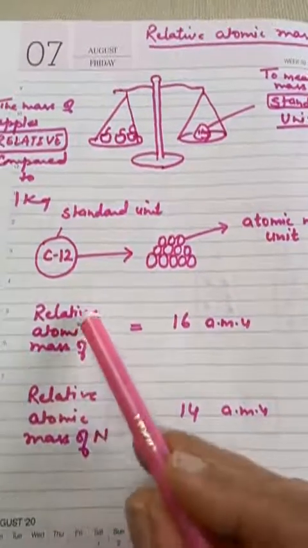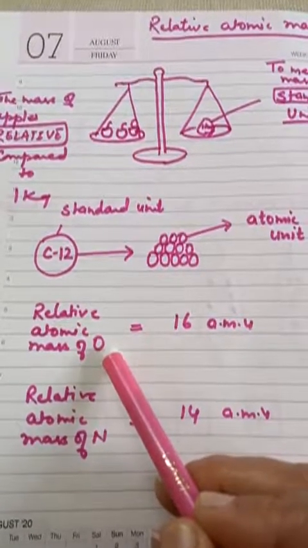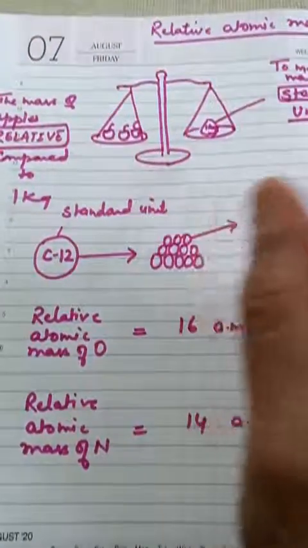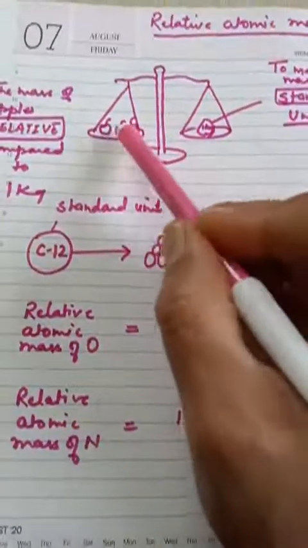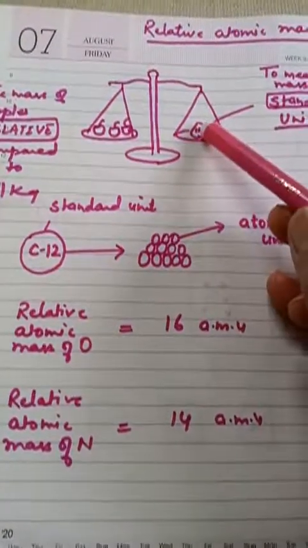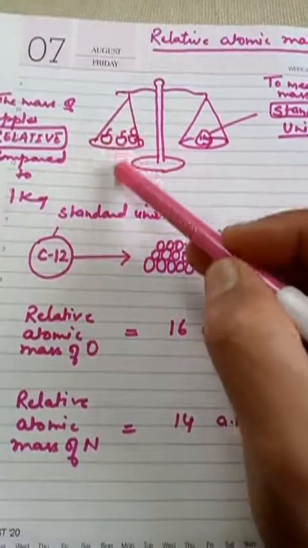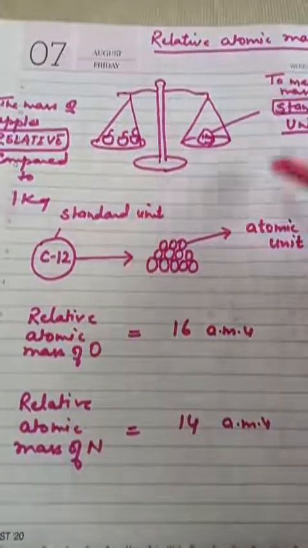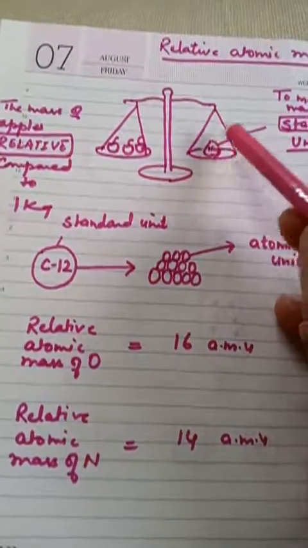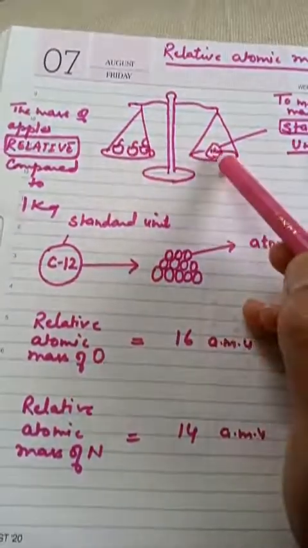Now suppose we want to measure the atomic mass of an oxygen atom. Then what do we have to do? Suppose you have a beam balance like this. You will put the oxygen atom on this side, and on the other side you will put these units. If you put 12 units here, you will see that this side is still heavier, so you have to put some more units. On adding 4 more units, you will see that equilibrium is attained.